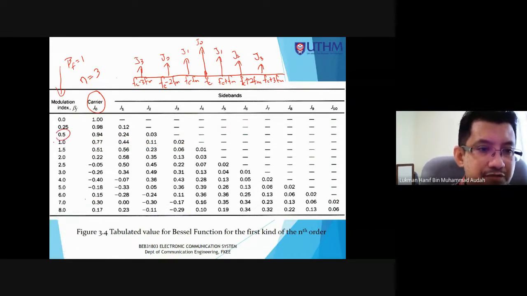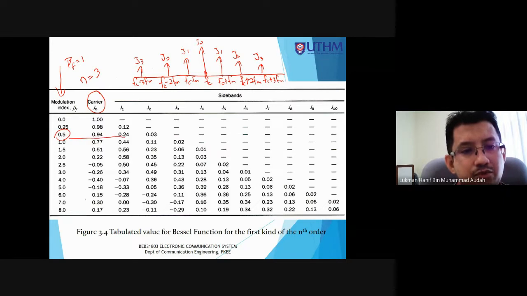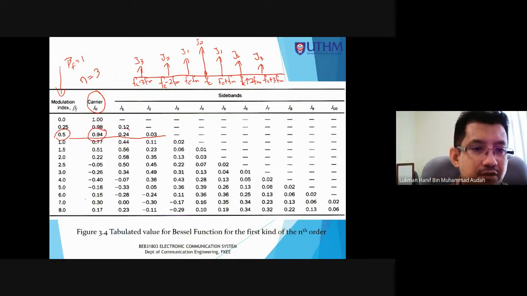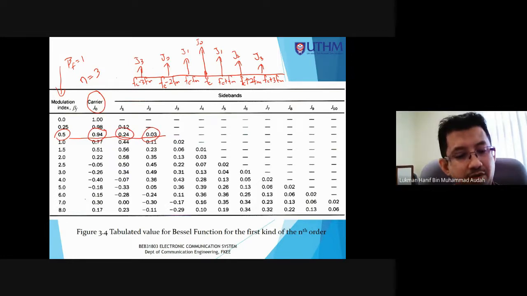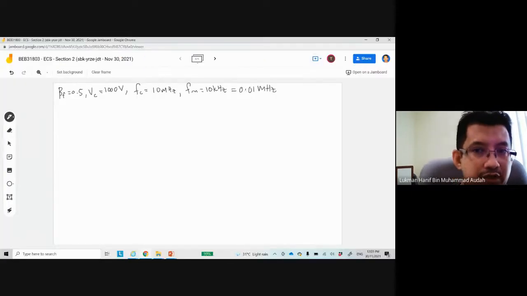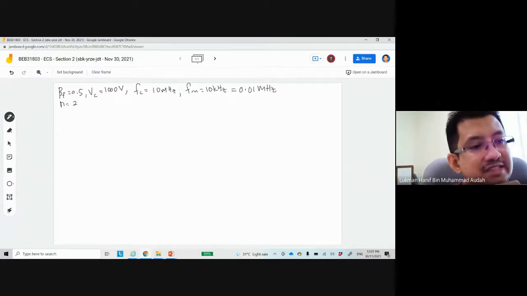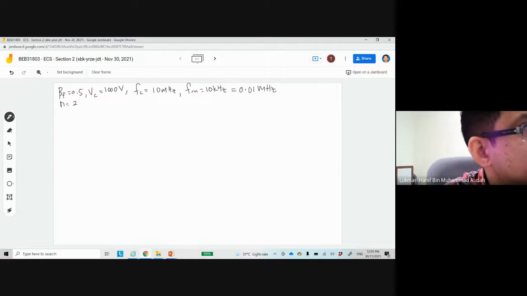Di sini 0.5. So I'm going to get up to 2 significant sidebands. Ada 2 pasang sideband, ada carrier component. So I need to get these values 0.94, 0.24, and 0.03. So from the table n equal to 2, sebab ada 2 pasang sideband.